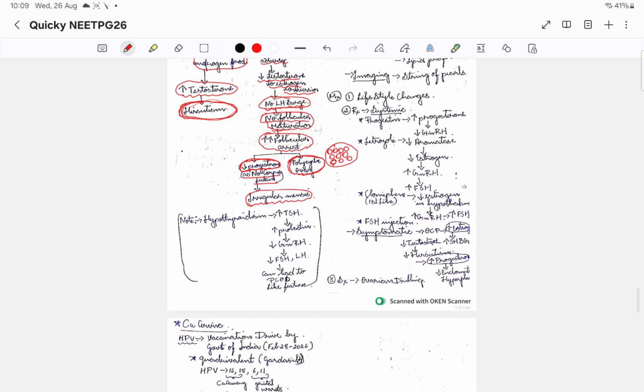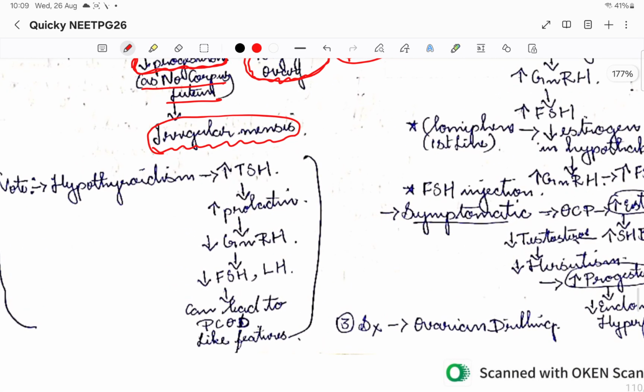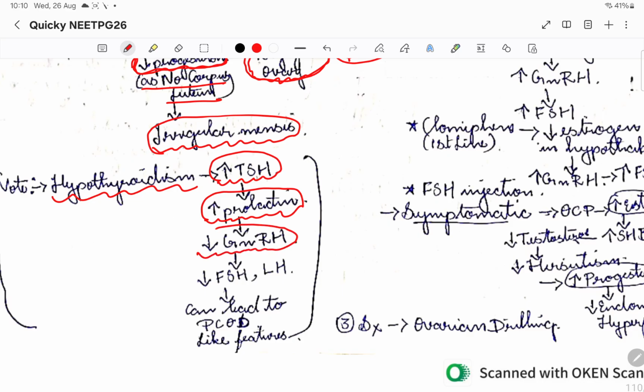Also, please note that hypothyroidism might cause PCOS. How is this? I told you in endocrinology. In hypothyroidism there is increased TSH, so thyroid stimulating hormone is high, whereas T3 and T4 will be low. TSH also stimulates prolactin, and prolactin is an antagonist to GnRH, so GnRH is low.